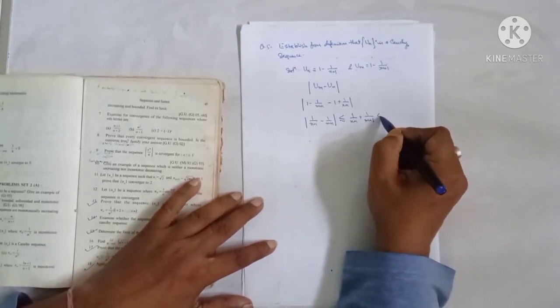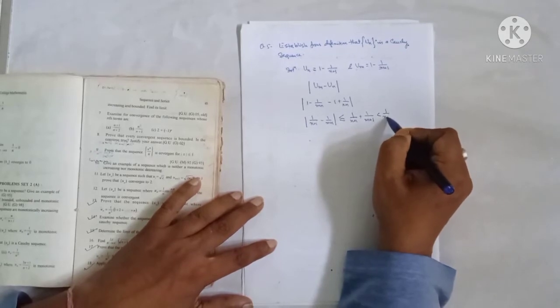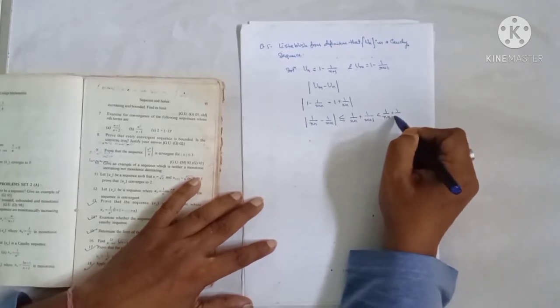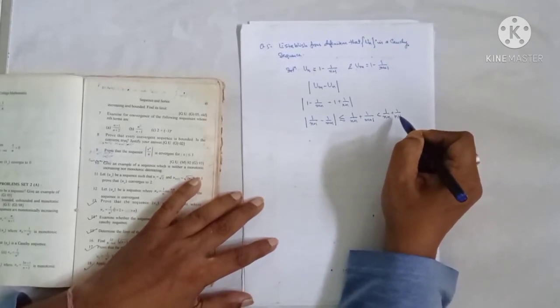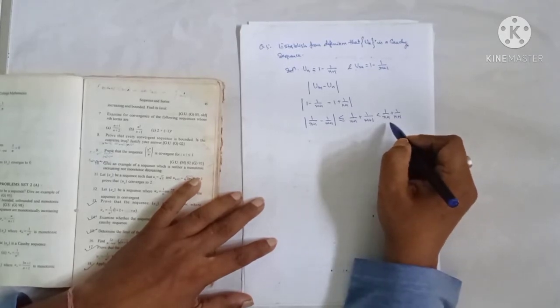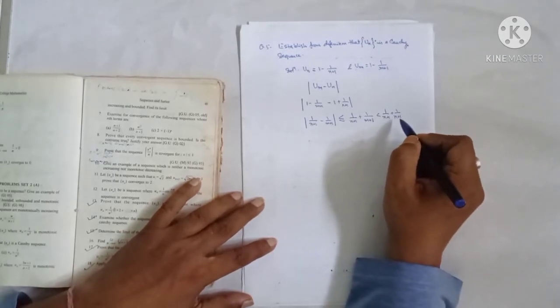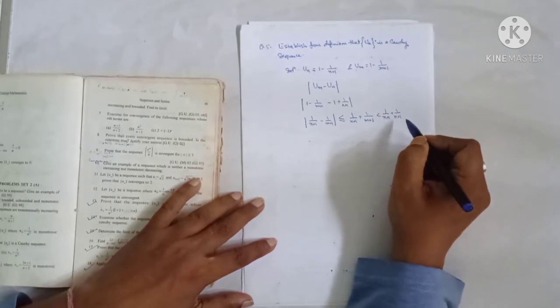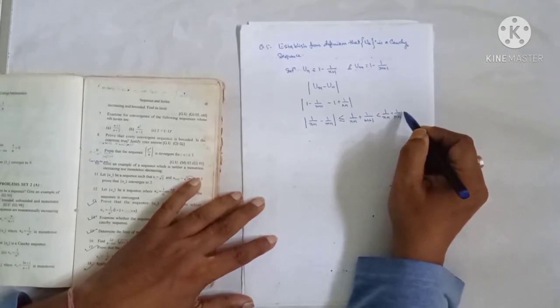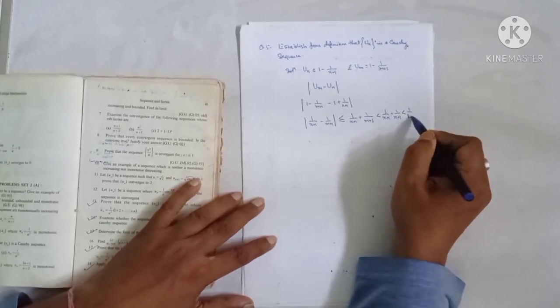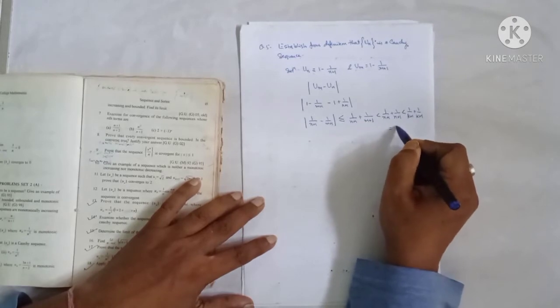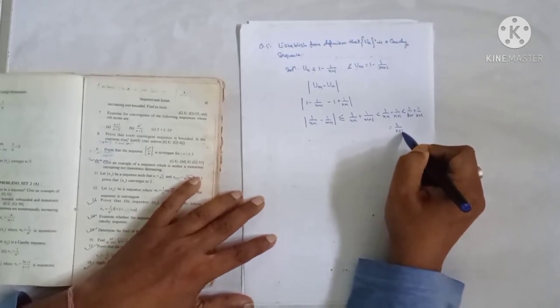So again this is less than 1 by n plus 1 plus 1 by n plus 1. So we can say that this is less than 1 by k plus 1 plus 1 by k plus 1. So this is equal to 2 by k plus 1.